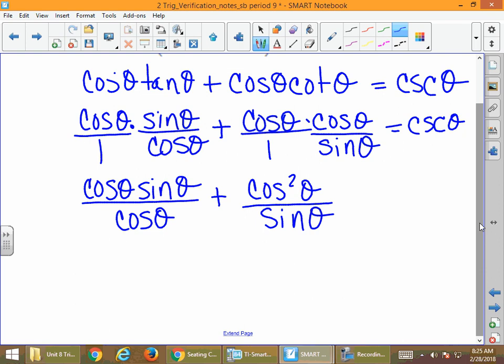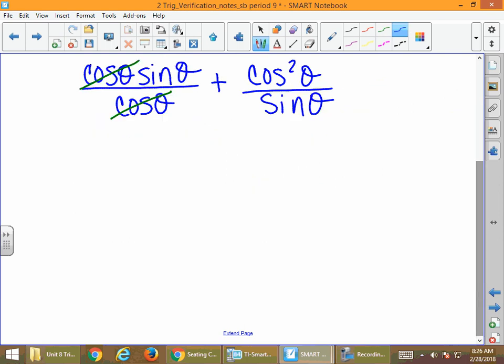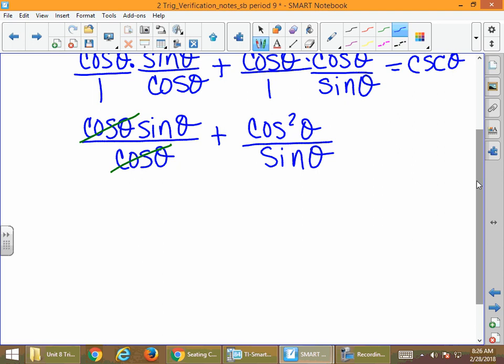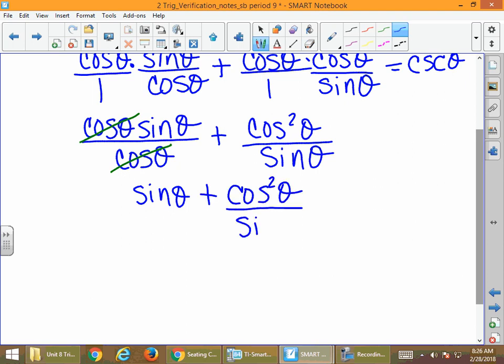When we look at each individual term, do we have anything exactly the same on the top and on the bottom? Well, over here to the left, we've got a cosine on top and a cosine on bottom. So we can cancel out those cosines, but that's not canceling out everything. And we end up with sine of theta plus cosine squared theta over sine of theta.